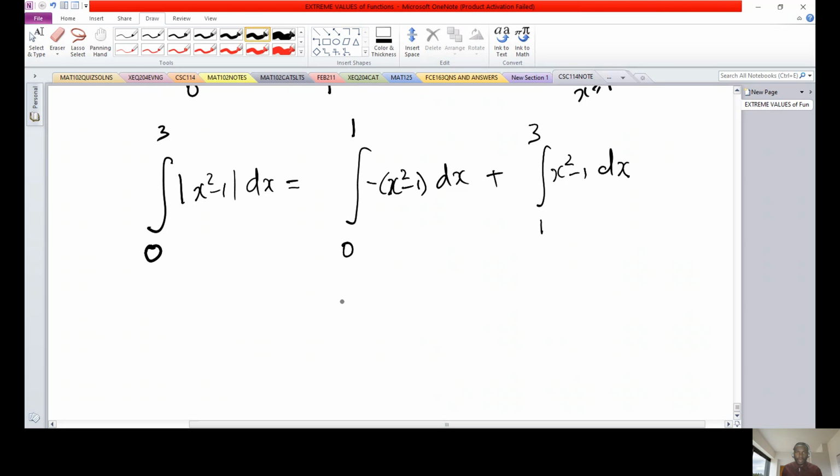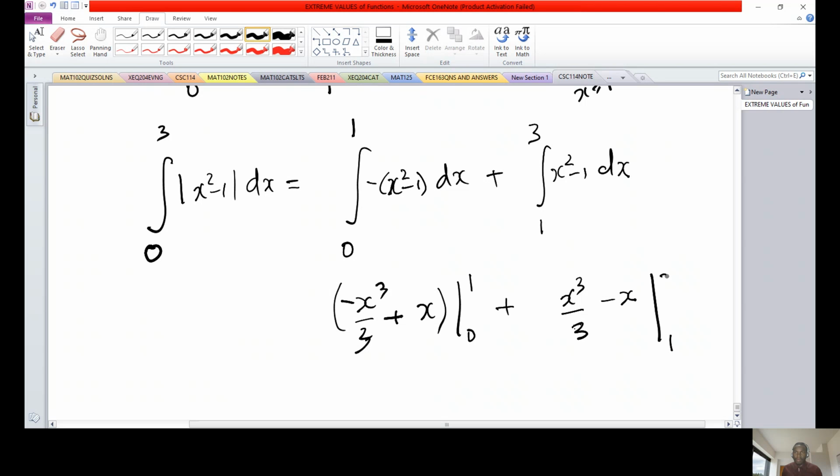So when you work out this one, you get -x to the power 3 over 3 plus x, and then you apply the limits 0 to 1, plus x to the power 3 over 3 minus x, then you apply limits from 1 to 3.